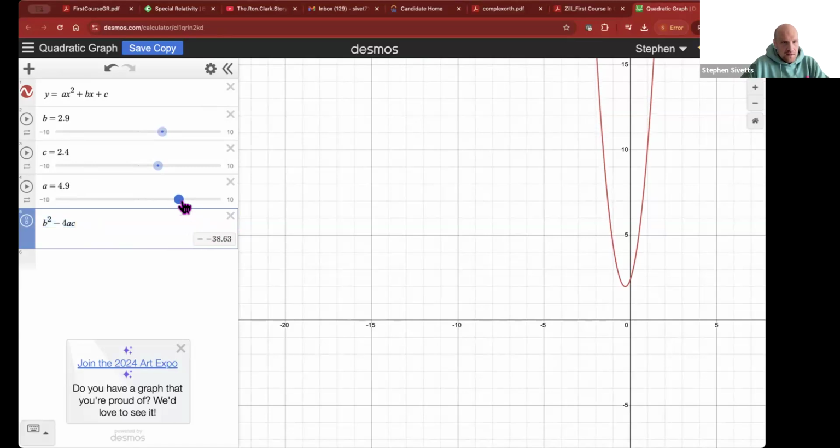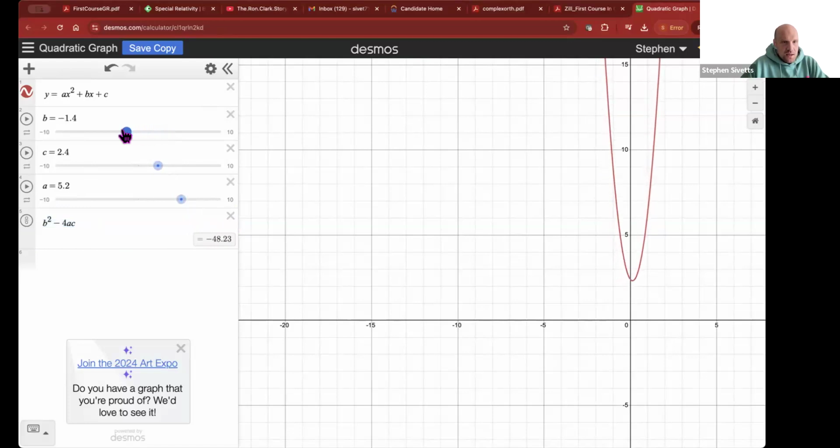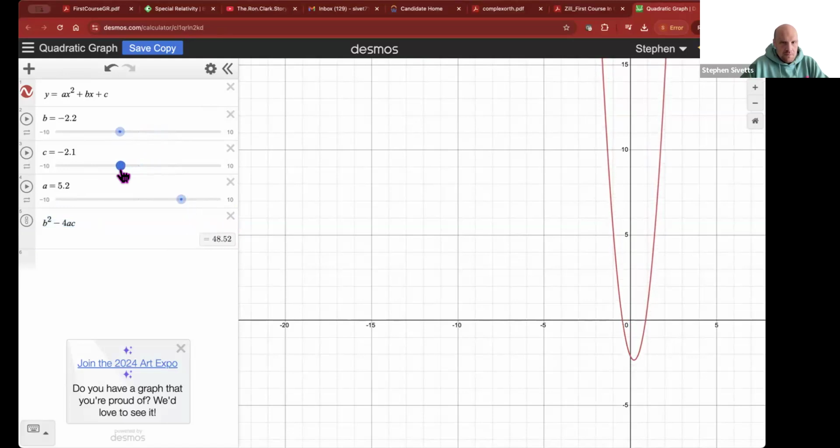But if I change the c value just a little bit and make it look like this, the discriminant is positive, which means we will have two roots that cross the x-axis, this point right here and this point right here, okay?